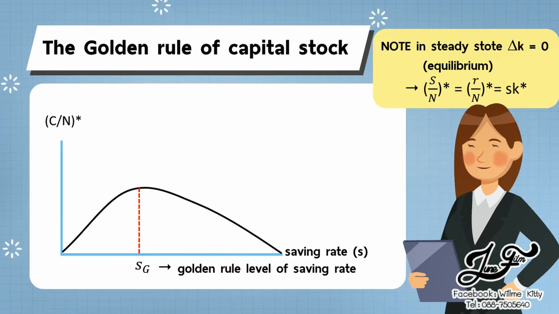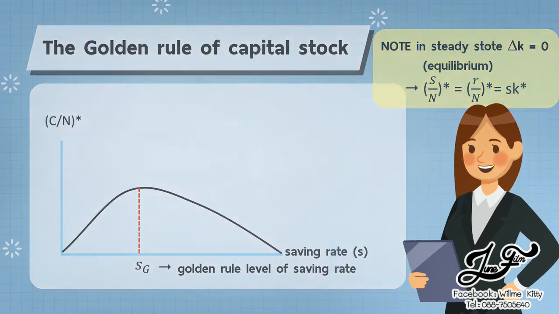Next, for the graph, the point that has the maximum gap between the two curves will give you the level of k star g. And the graph on the right-hand side is the one-to-one relationship between capital per worker and saving rate.